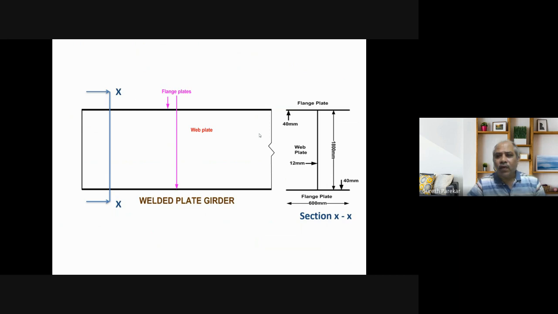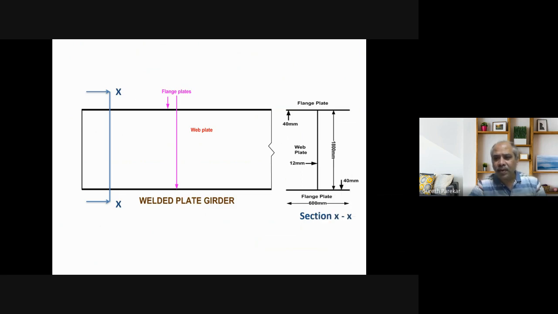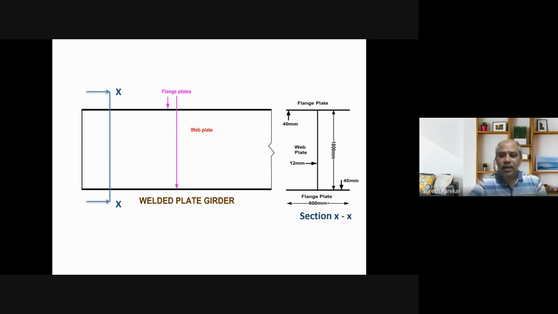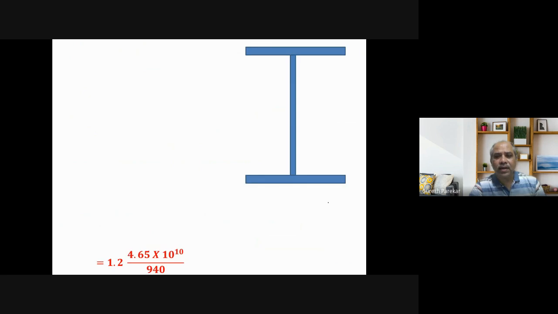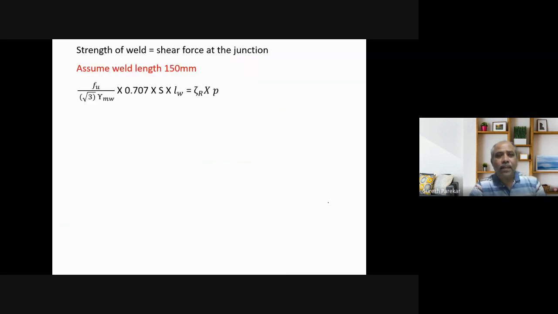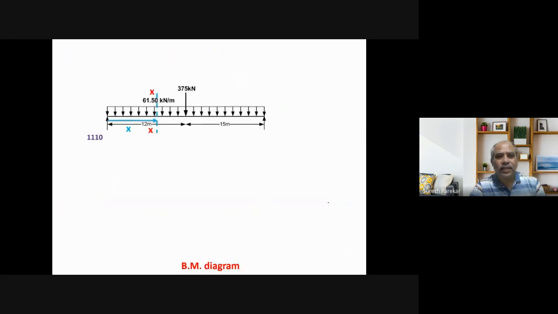We have 40 mm as the thickness of the flange, 12 mm thickness of web, 600 mm width of the flange plate, and 1800 mm, sorry, depth of the web. So these are the dimensions, and then we go directly to step number 9, in which we are going to design the stiffener.